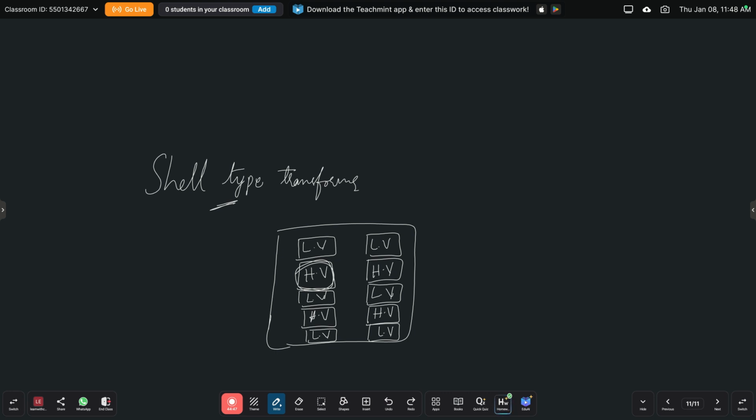All the portions are insulated from each other by paper. So the concentric coils are used in a core type transformer, and the sandwich coils are used in a shell type transformer.